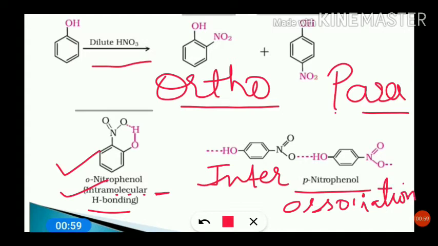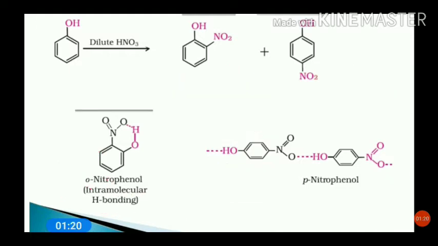So due to association, the boiling point increases. So you can give the reason for the same: para-nitrophenol has a higher boiling point compared to ortho due to intermolecular hydrogen bonding.